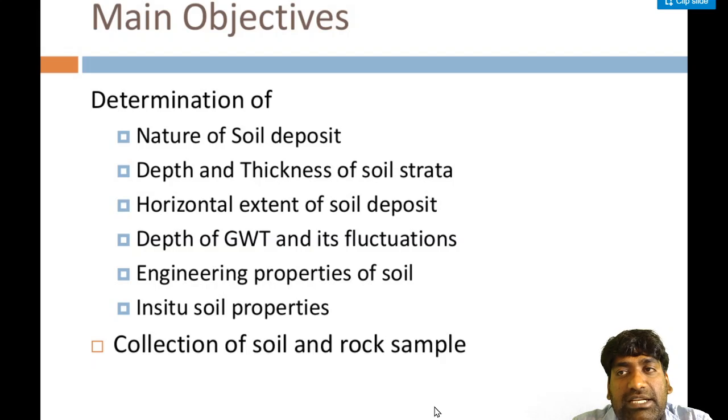The main objective behind subsoil exploration is determination of the nature of the soil deposits, depth and thickness of the soil strata, horizontal extent of the soil deposit, depth of the groundwater table and its fluctuation, engineering properties of soil, in situ soil properties, and collection of soil and rock samples.